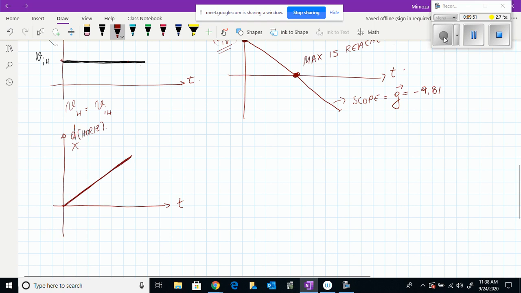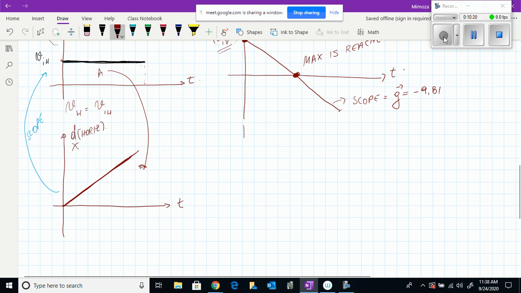And now we know that the area of this graph here is what we calculate to construct the displacement time graph, and the slope of this graph will give us the way that we calculate the velocity in the horizontal axis.